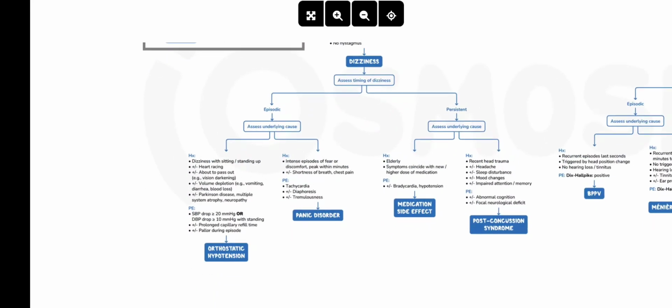So it's dizziness, and whether it's episodic or persistent: if it's an episodic one, then orthostatic hypotension or panic disorder, either one. If it's a persistent one, either it's an effect of medication or it can be post-concussion syndrome.